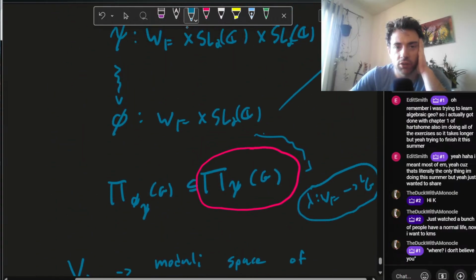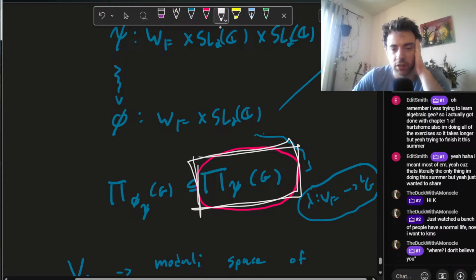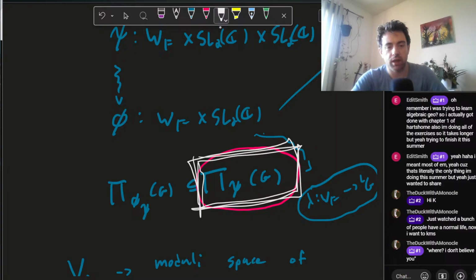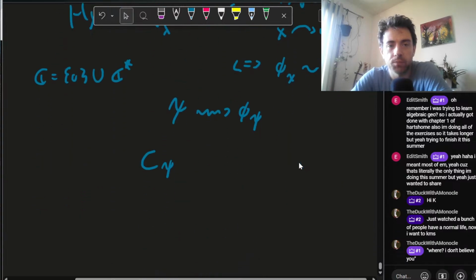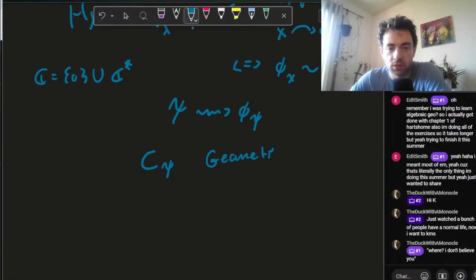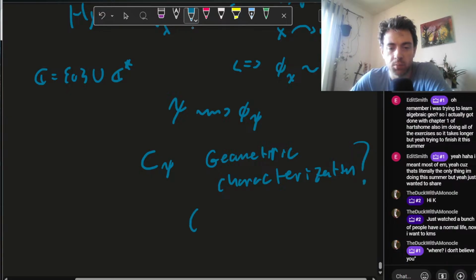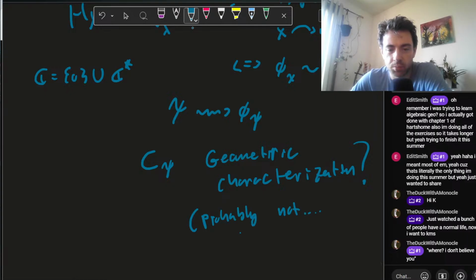So Arthur has some definition for these packets that is built to try and capture representation theoretic information. But we might wonder, is there a geometric characterization of these orbits? Probably not, but also kind of.